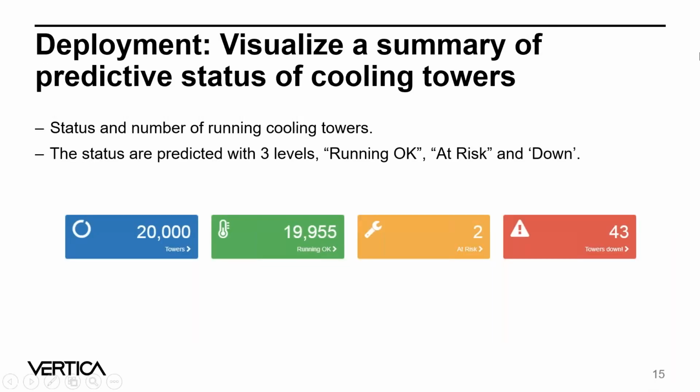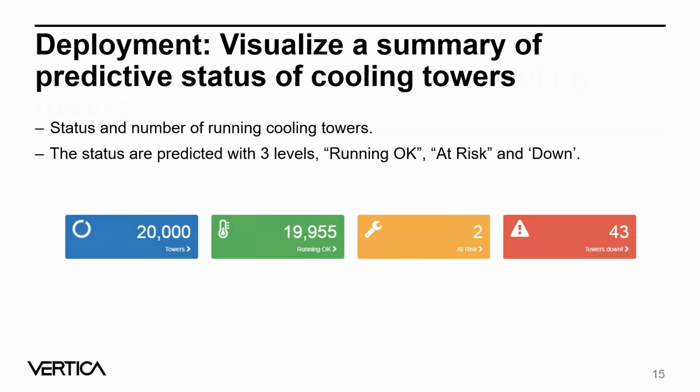So this is one example. After this presentation, Ravi is going to explain the demo page by page. This one is an easy dashboard to understand. This dashboard explains how many cooling towers are running and their status.